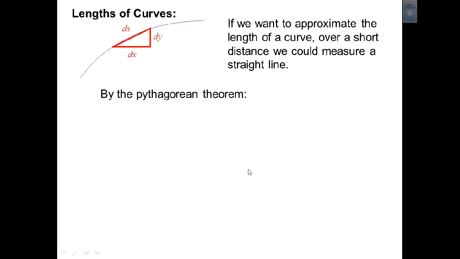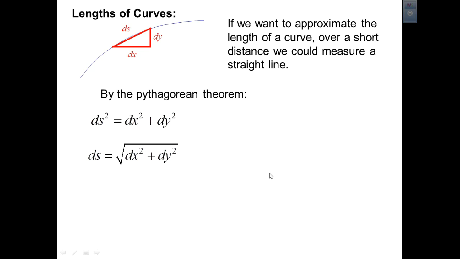Now by the Pythagorean theorem we know that ds squared is going to equal dx squared plus dy squared. So therefore this ds will be the square root of dx squared plus dy squared.